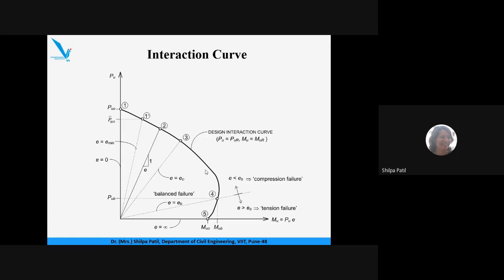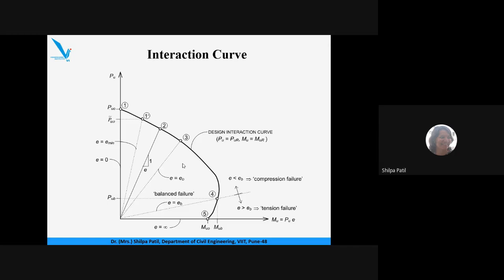Once we design the longitudinal reinforcement, lateral ties can also be found out easily. So making use of the equations involves a large amount of time, so we can go for the interaction curves for design of the columns.